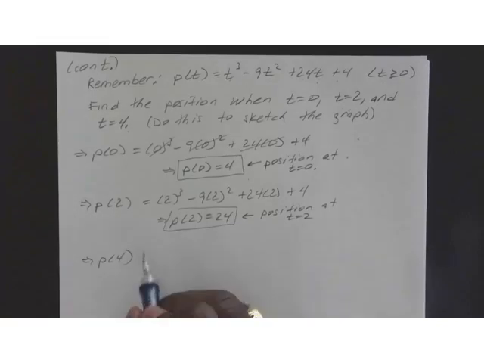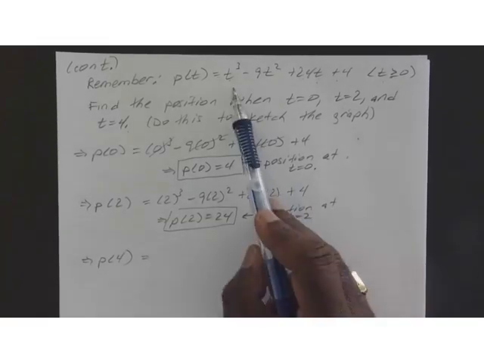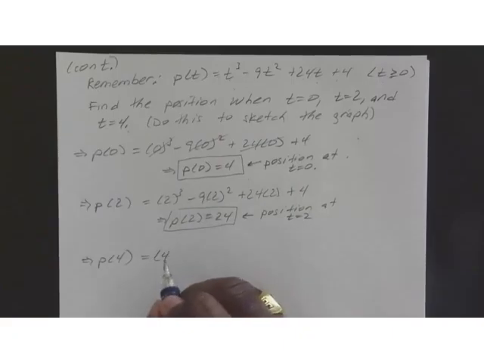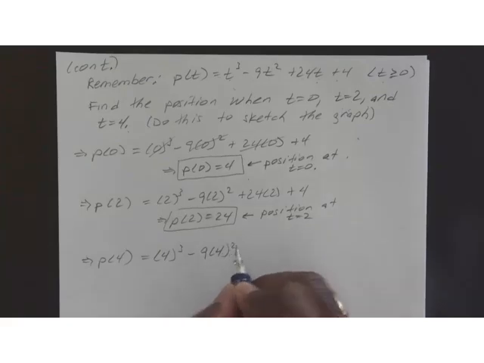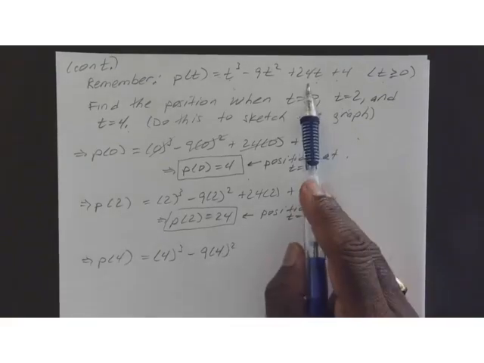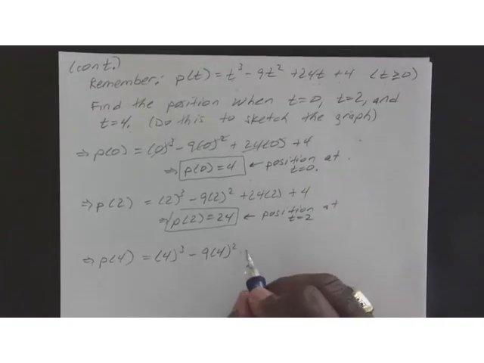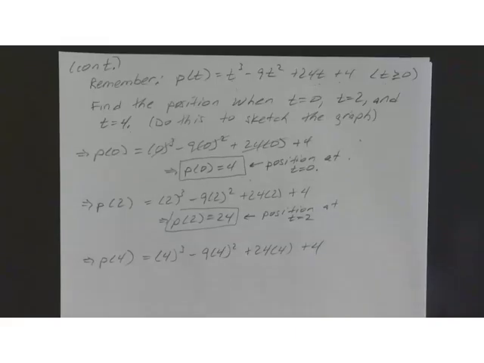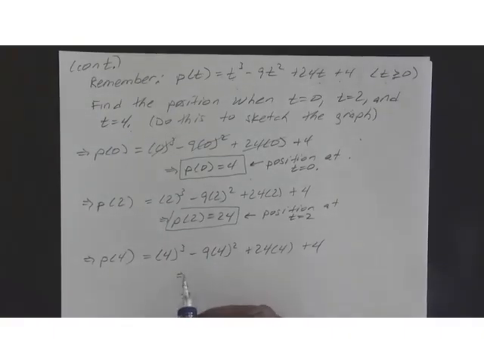And our P of 4 is going to equal 4 to the third power minus 9 times 4 squared plus 24 times 4 plus 4. Okay, so we know that position at 4 is equal to 20.